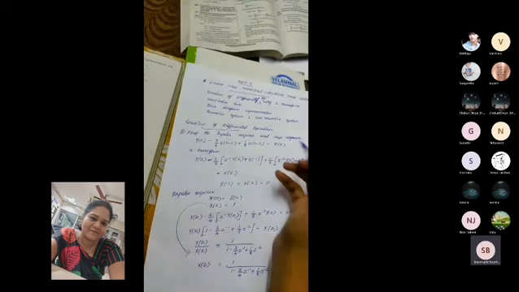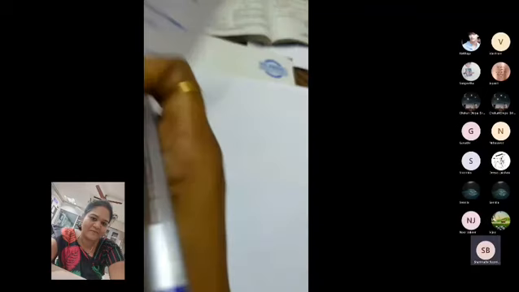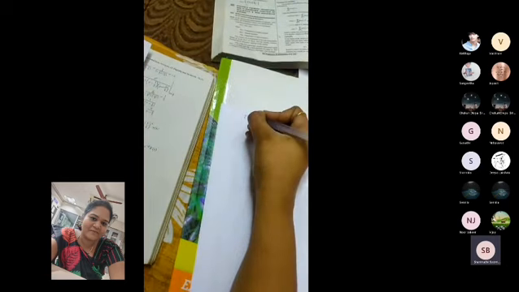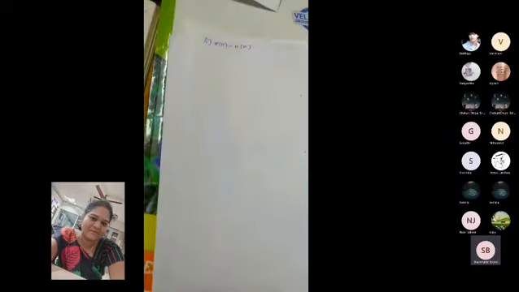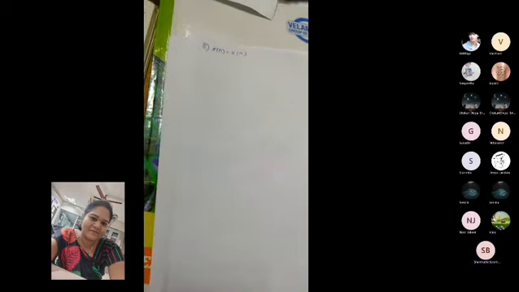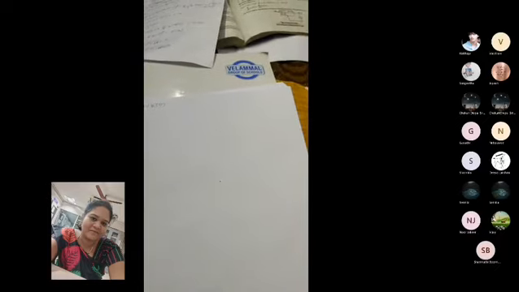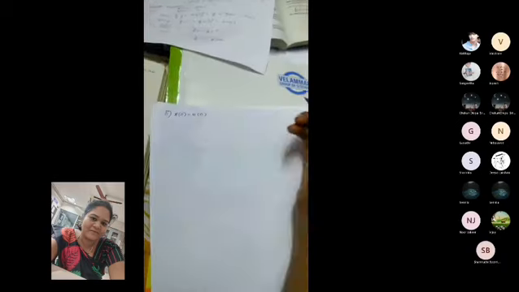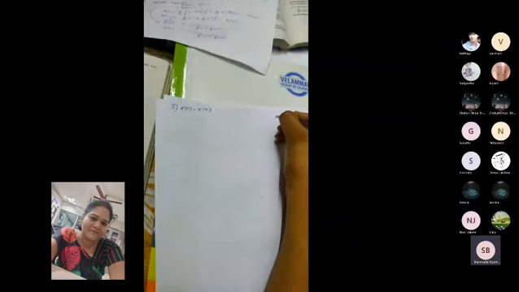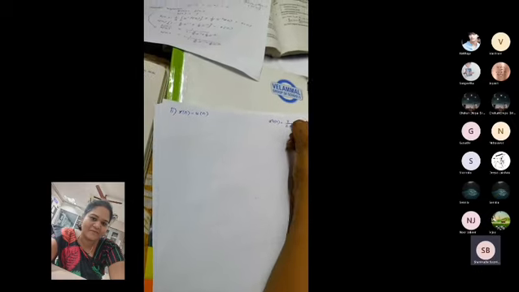Next you have to find the step response. For the step response, you have to consider your input as x of n equal to u of n. If you take the Z transform of a power n into u of n, it will become Z divided by Z minus a.